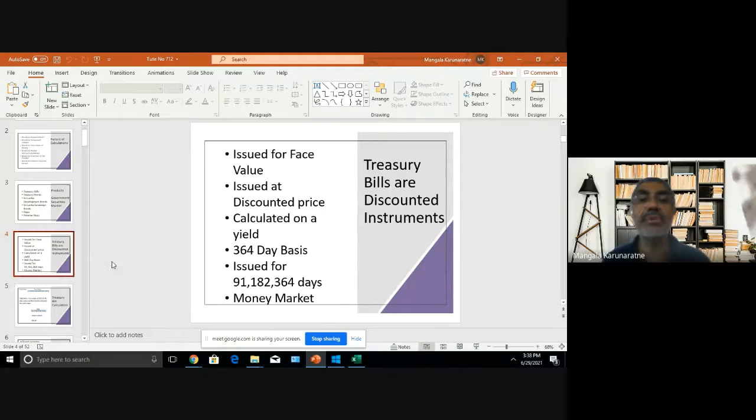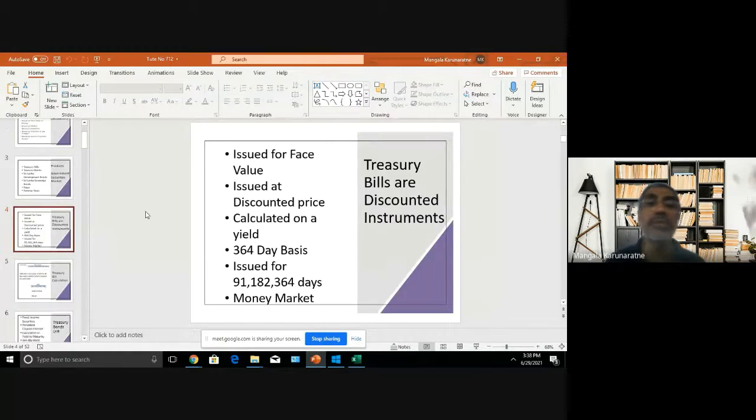We went through treasury bills very quickly, so I will go through it again, spending a few minutes. Treasury bills are discounted instruments issued for face value, issued at a discounted price, and calculated on yield.